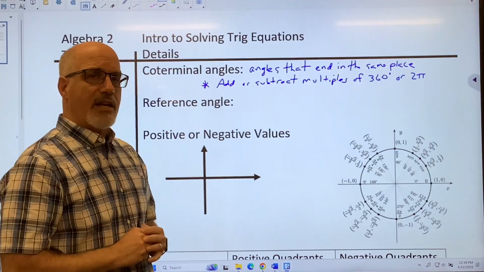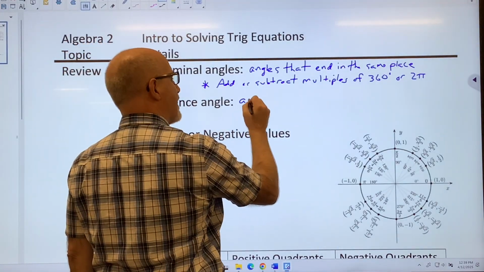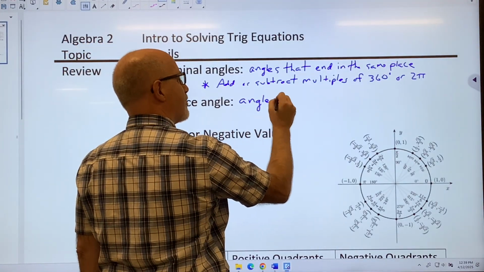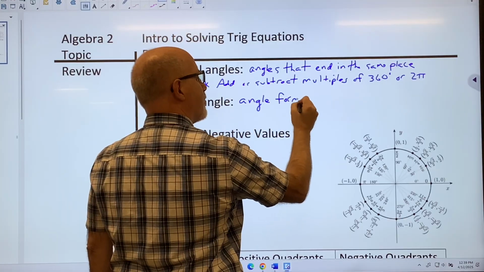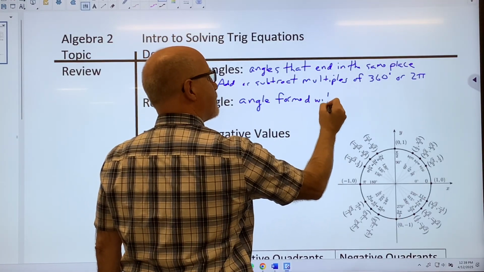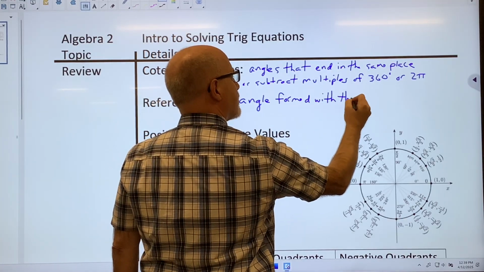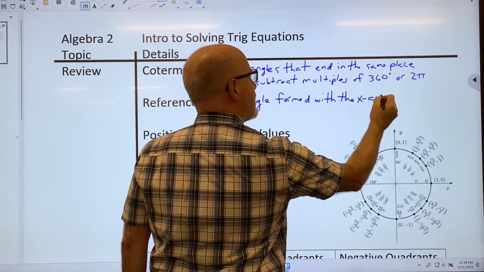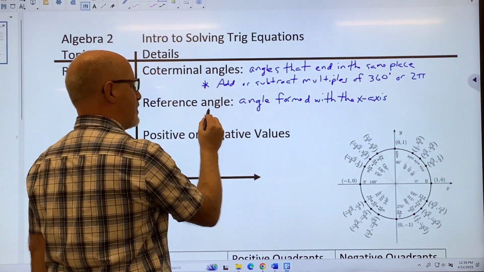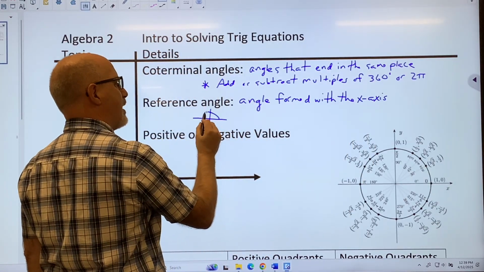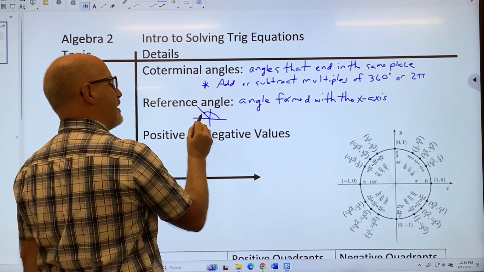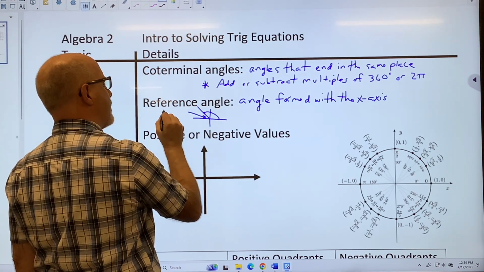A reference angle is the angle formed with the x-axis. This is important for getting multiple ones. So if we're in the second quadrant with an angle, this angle here is your reference angle.